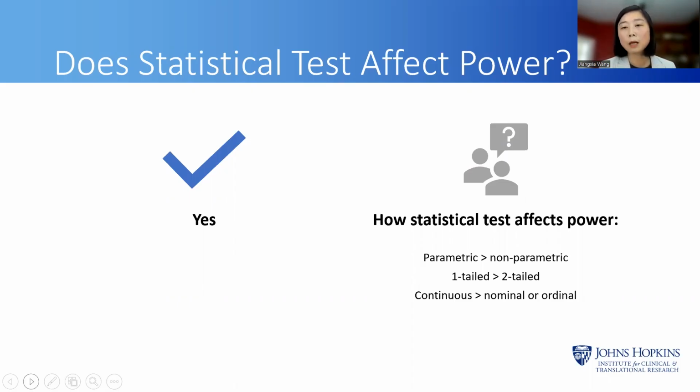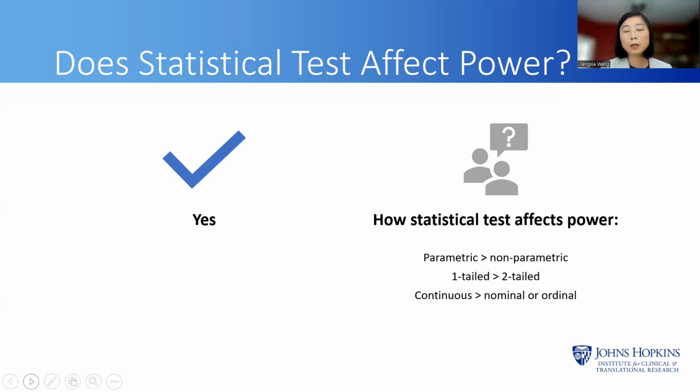And also, whether your test is going to be a one-tailed test or two-tailed test. A one-tailed test usually gives you higher power than a two-tailed test. Also, continuous outcomes will provide higher power than nominal or ordinal outcomes. But this is really depending on your study design and the statistical analysis.